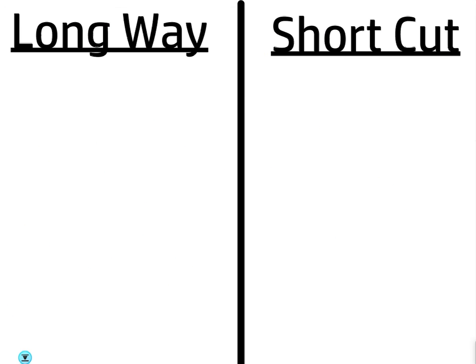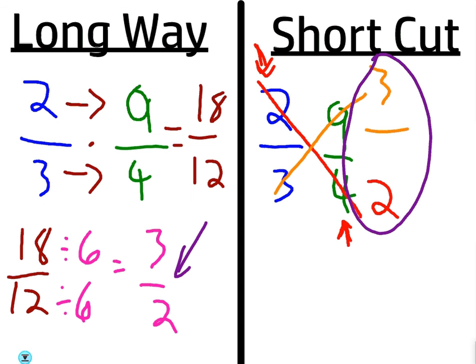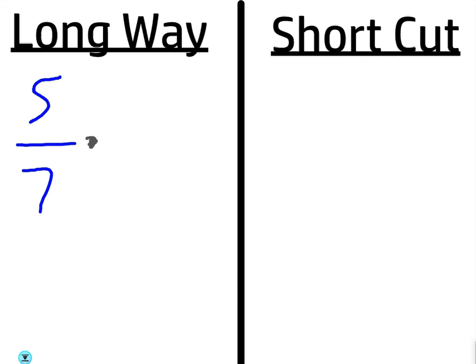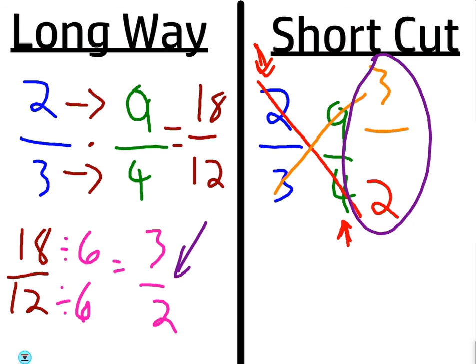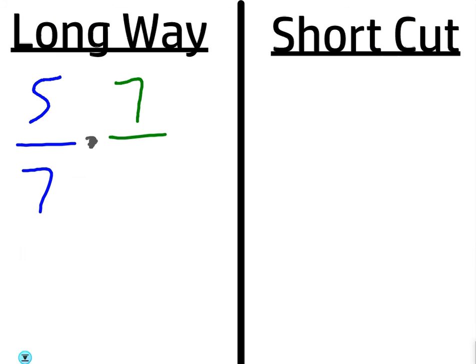Let's do another one. Let's say we have 5 over 7, and we're going to be multiplying by 7 over 15.